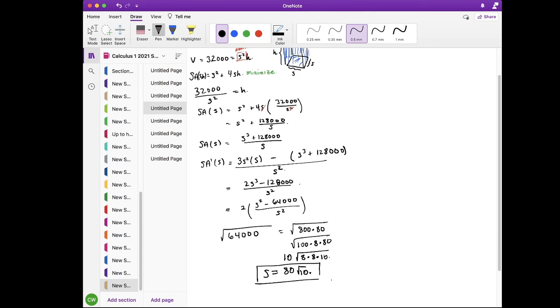So we know that 32,000 is equal to S squared H. So that means that 32,000 is equal to 80 times square root of 10 squared times H. So it's 80 squared times 10 H. So whatever that is.